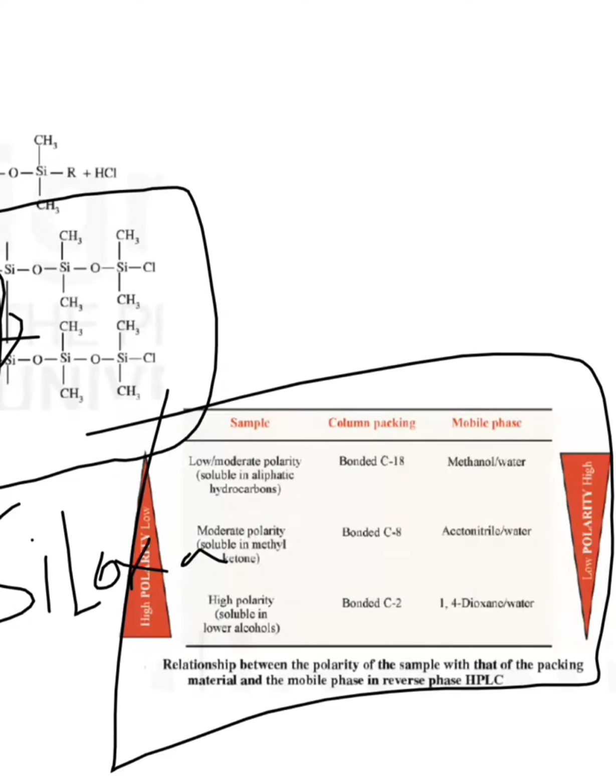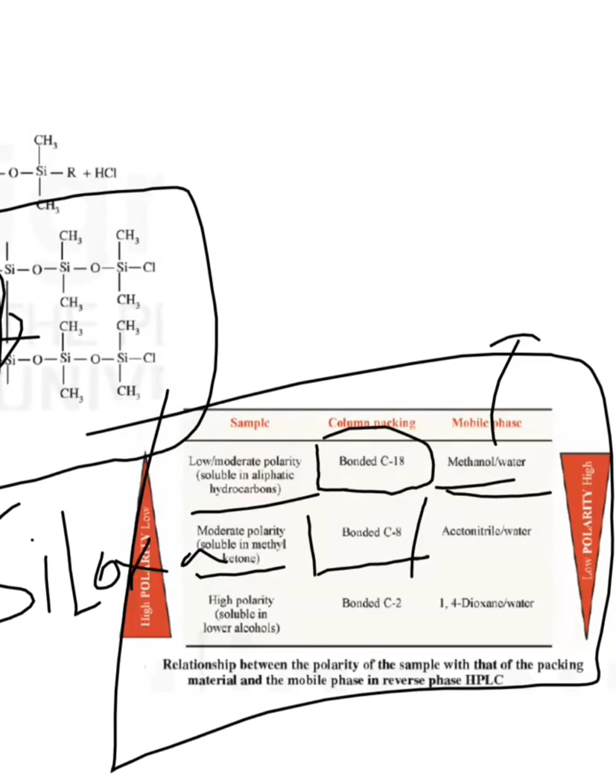For samples of low to moderate polarity soluble in aliphatic hydrocarbon, the column packing will be bonded C18, and the mobile phase will be methanol and water in different ratios used for eluting the mixed sample. For moderate polarity, we use column packing bonded with C8.